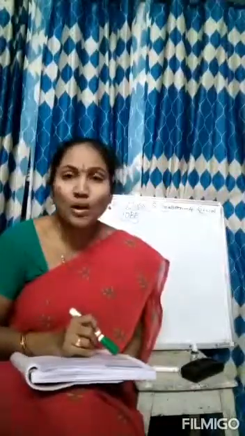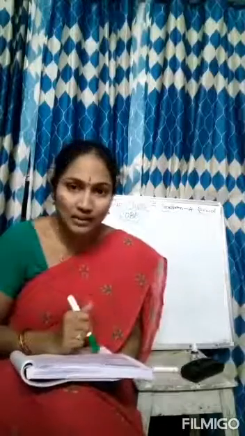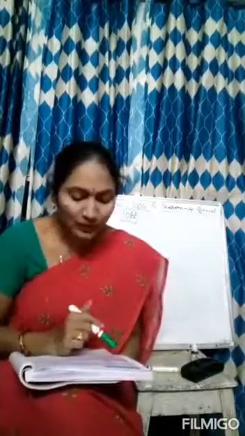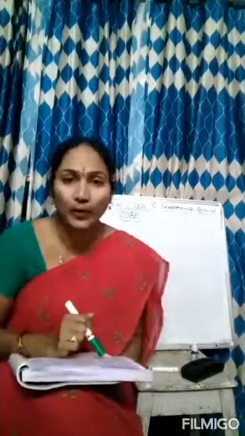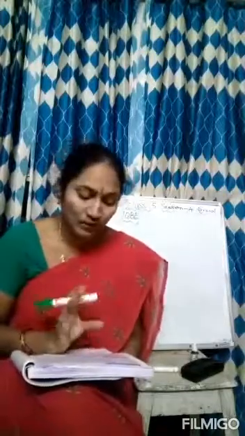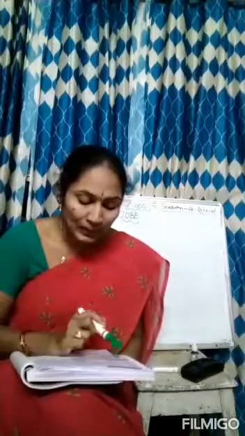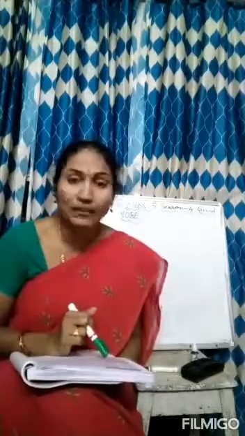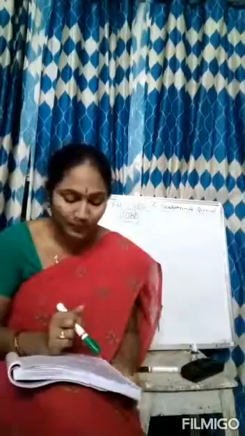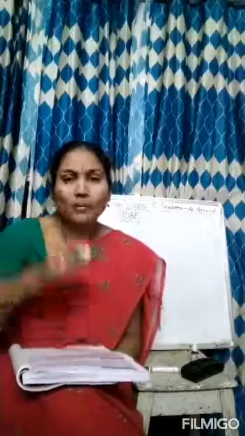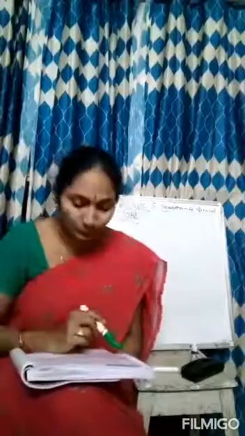Okay. A globe is a model of the earth. What we have learned in this chapter? A globe is a model of the earth. There are 7 continents and 5 oceans on the earth. Very important point, no? There are 7 continents and 5 oceans on the earth. The equator divides the earth into 2 equal halves. What does an equator do? It will divide the earth into 2 equal halves. The longitudes are drawn from north to south.